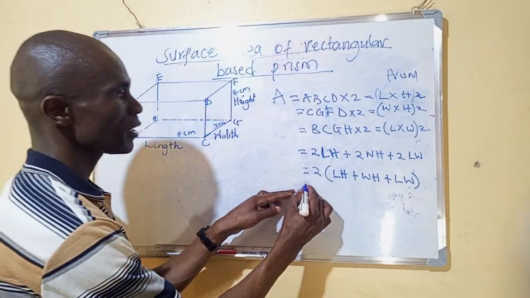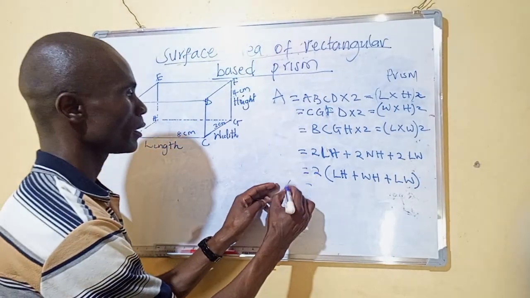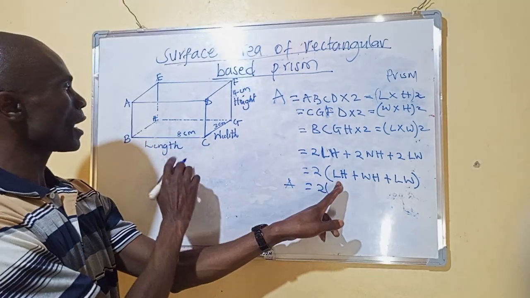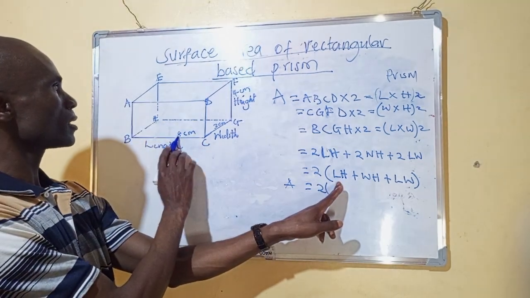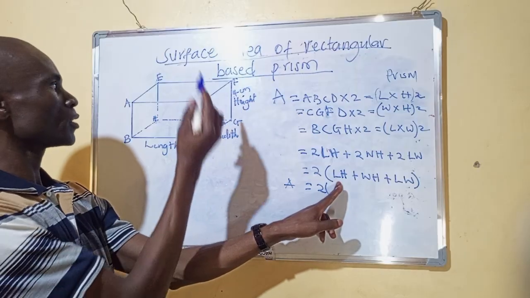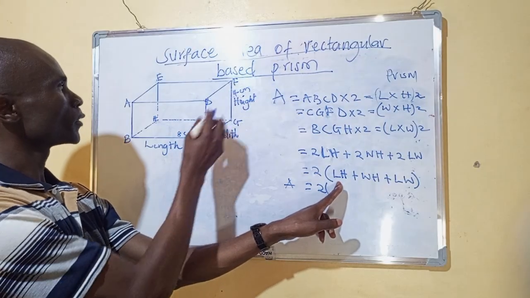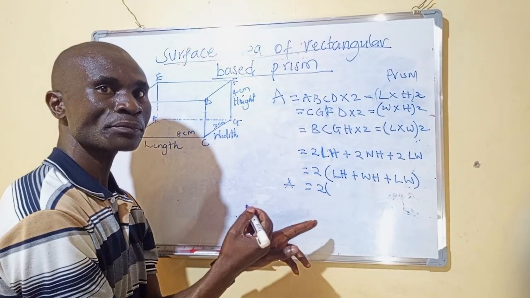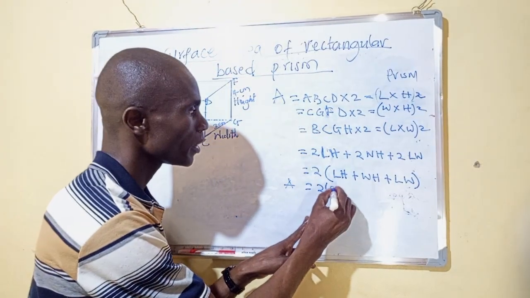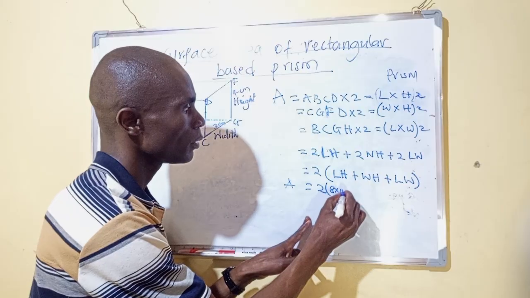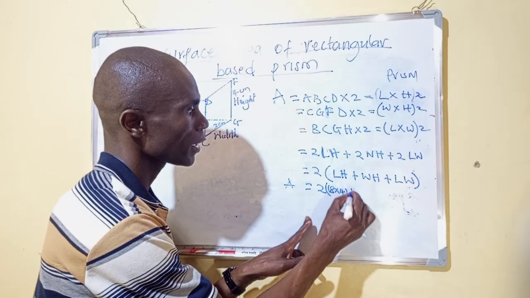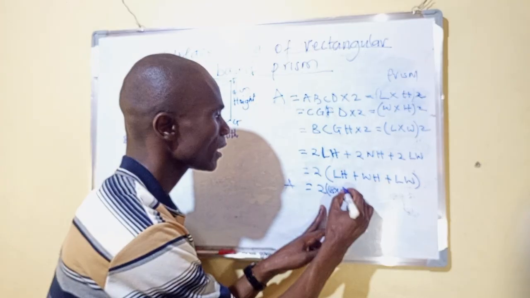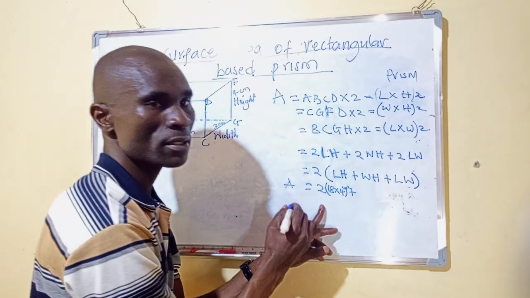So the area will be 2 into length times height, that is 8 multiplied by 4, because this one is also 4. What do you get? 32 square centimeters.